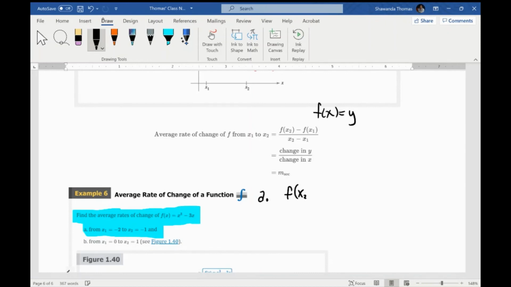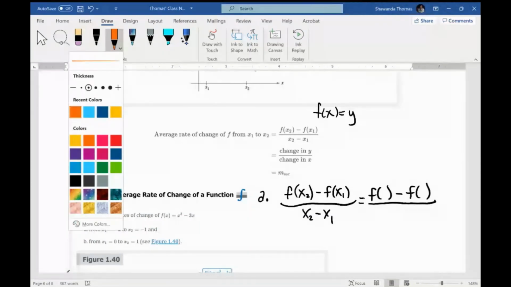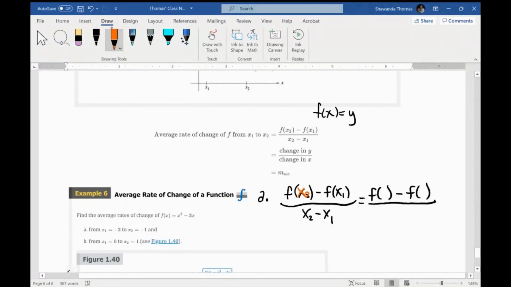I'm just going to rewrite it: f of x sub 2 minus f of x sub 1 over x sub 2 minus x sub 1. All right. Now I'm going to rewrite it like this. First thing I want you to tell me, what is x sub 2 in A? A gives us what x sub 2 is. What is it?